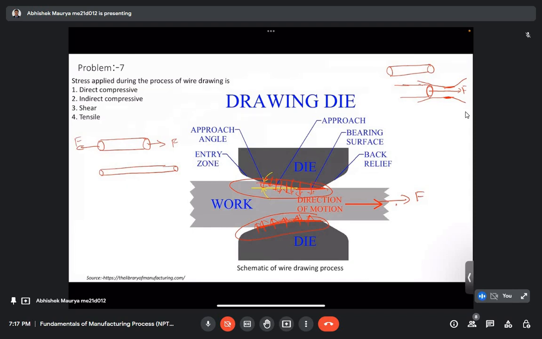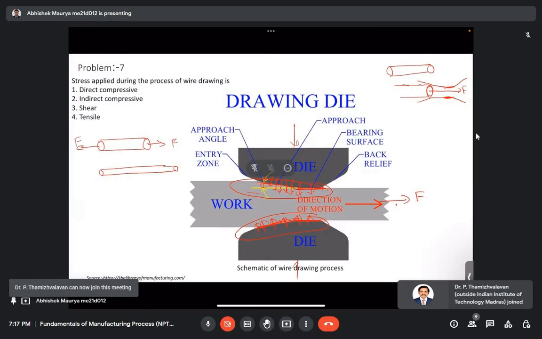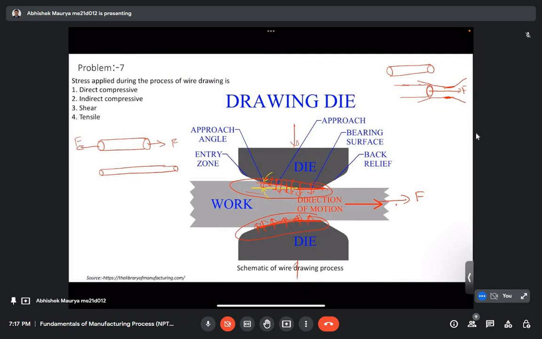So locally, the final deformation is happening because of the compressive forces with the help of the die, but we are not applying any force on the die. What we are doing is just applying a pulling force on the bar, and because of reaction forces, the reduction in area is happening.